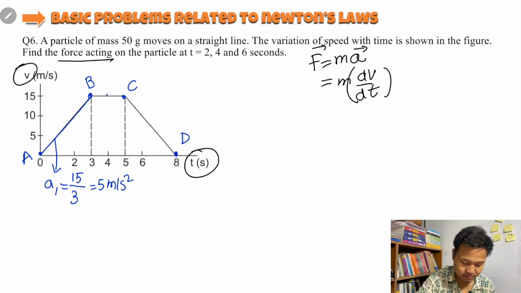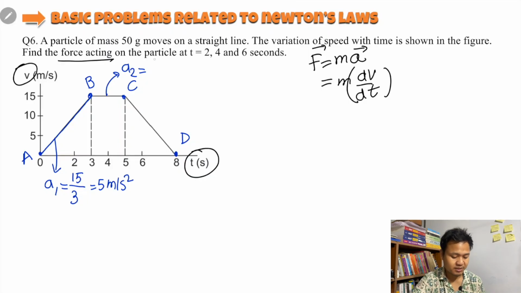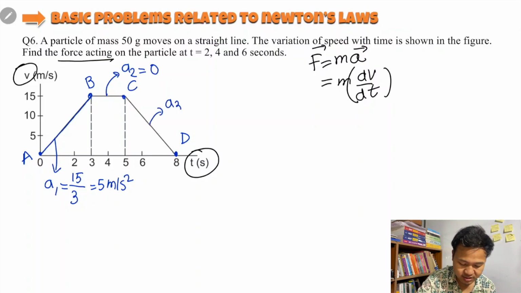Now a2. Here you see the line is parallel to the x-axis. For the line BC, parallel to the x-axis, the angle is 0, so tan 0 is 0. So the slope is 0, and the acceleration is also 0. In the last part, let's say this is a3. Whenever you have a line like this, this is a negative slope.